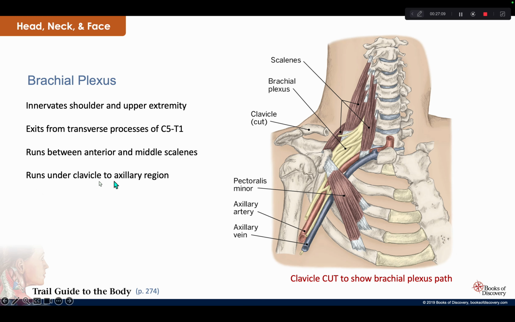It also runs under the clavicle to the axillary region. So imagine this clavicle is back in business here, not cut in half. You have all these nerves that form that plexus that run under the clavicle and then underneath the pec minor, and then it goes into the armpit. So that's the brachial plexus.